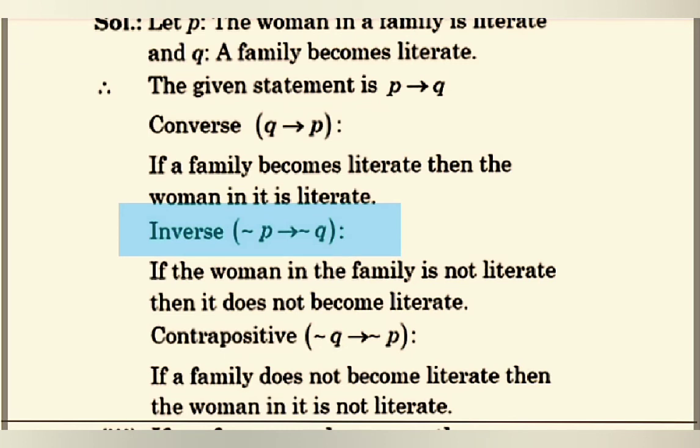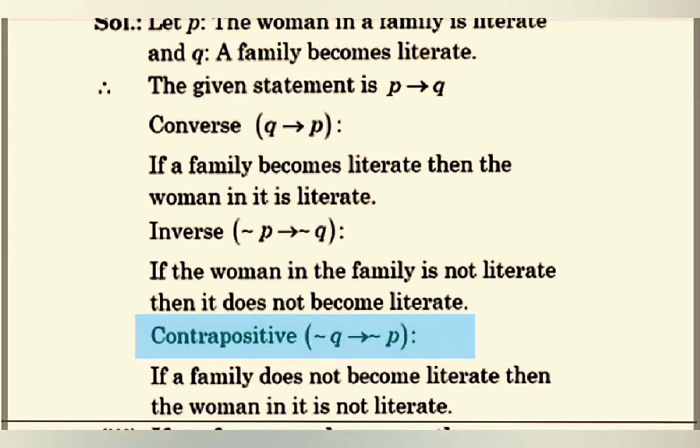Next, inverse. Inverse means negation P implies negation Q. If the woman in the family is not literate, because here negation P means not literate, then it does not become literate. This is negation Q. Opposite of Q means negation Q. And third, contrapositive.